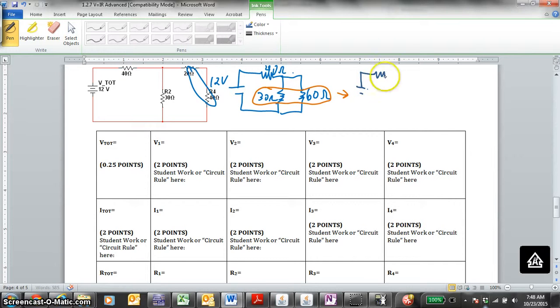We still have a 40 ohm resistor. This 30 ohm and 60 ohm are configured in parallel. So how do you find that R equivalent? This is where we call it REQ. So since they're in parallel, you do 1 over REQ equals 1 over 30 plus 1 over 60.